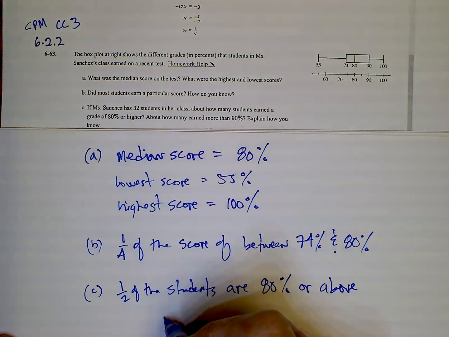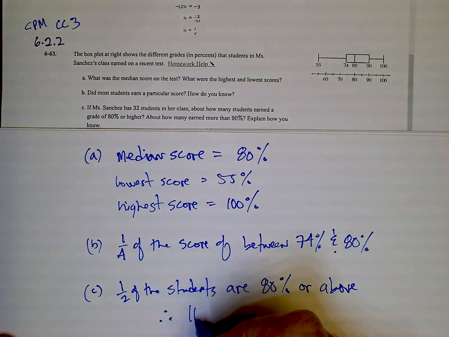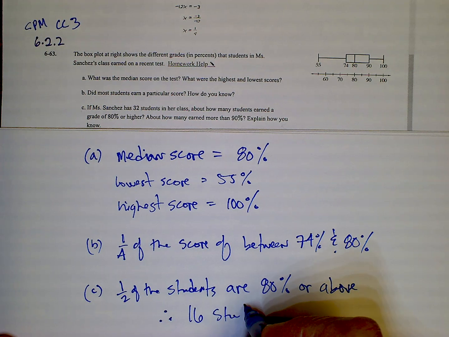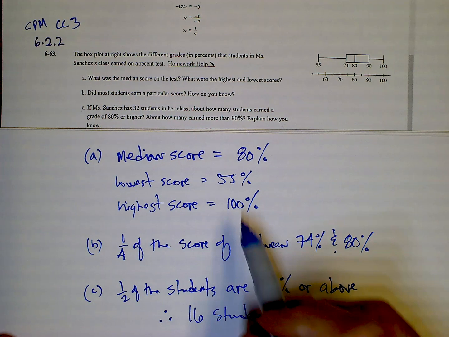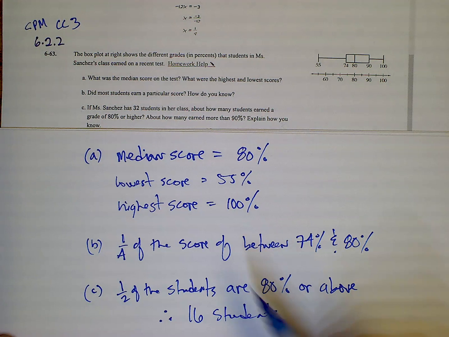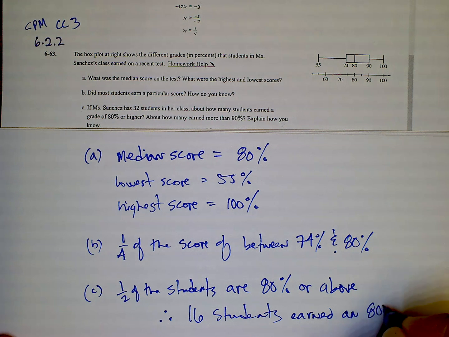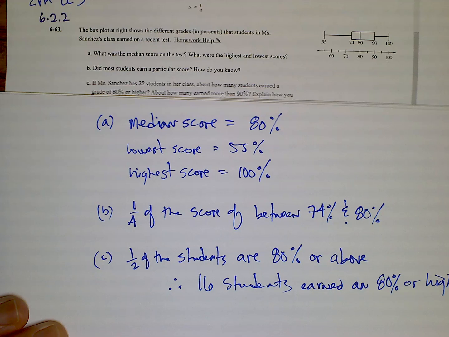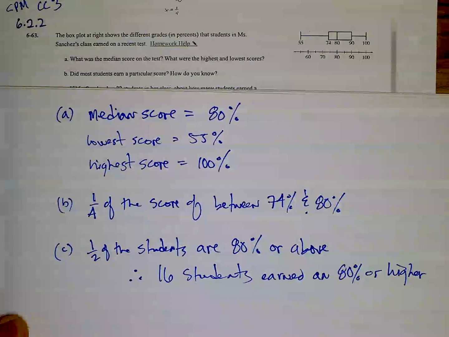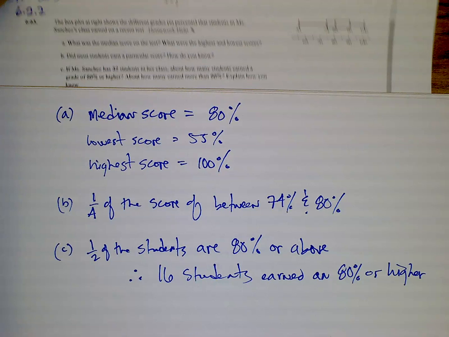So if there's 32 students, we can say then therefore 16 students earned an 80% or higher. So that gives us that information based on the box plot.